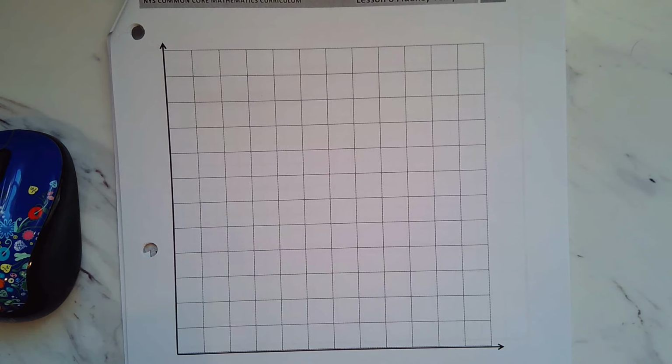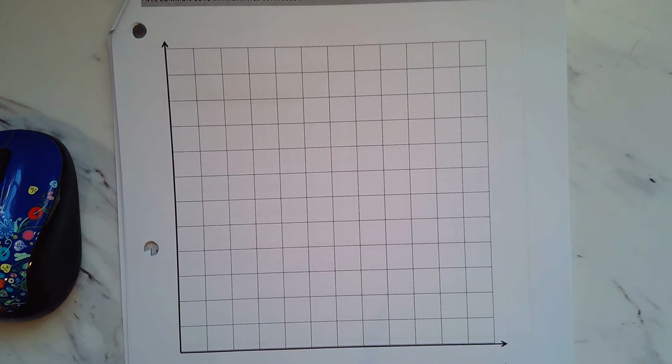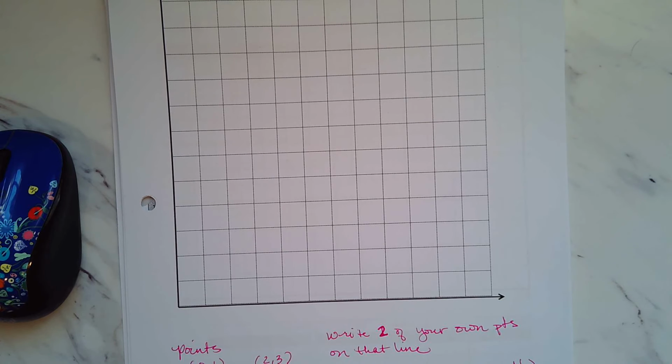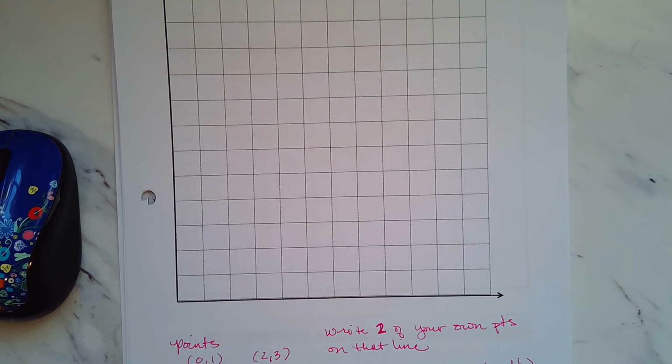Along both axes, label each interval. Now, I would do this in pencil because we are going to use the same coordinate plane for two different graphing, two different rules, if you will. So the first time I want you to label it counting by 1 to 5.